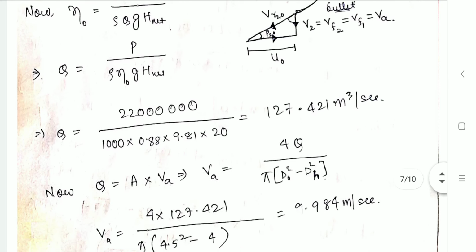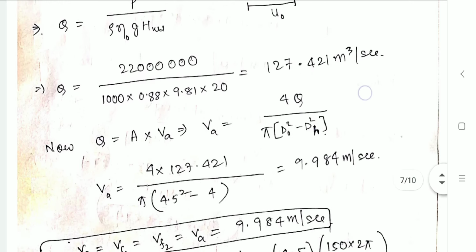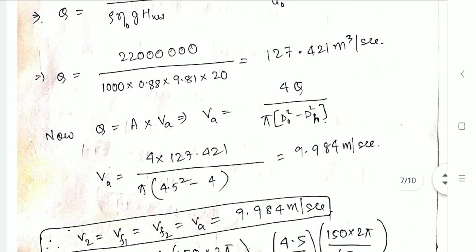Since the volume flow rate is equal to the area of cross section through which the fluid passes the rotor times the axial velocity, the axial velocity can be calculated as 4q divided by pi times d naught square minus dh square. So axial velocity comes out 9.984 meter per second.